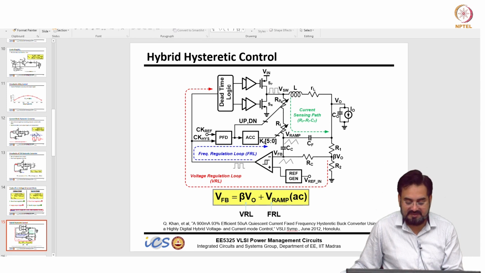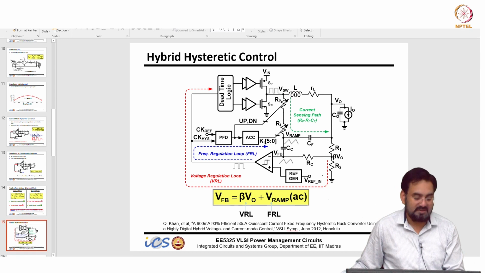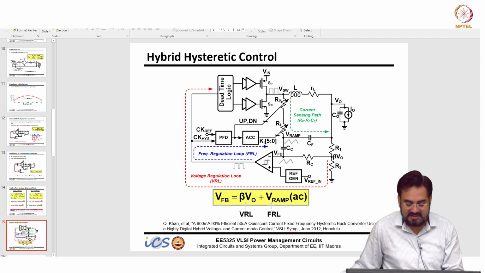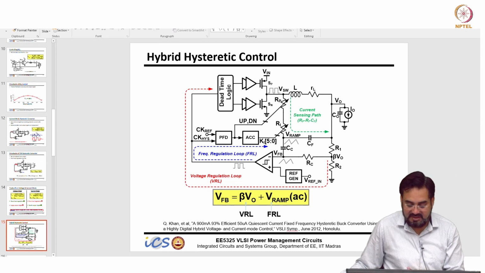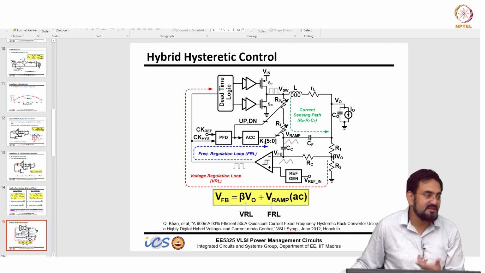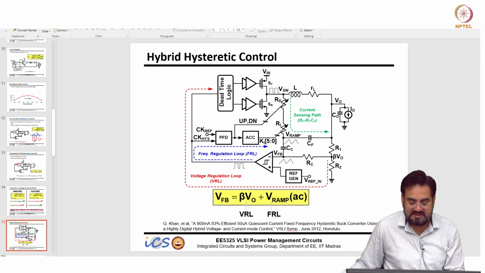So, your VFB will have an AC component, and the DC component of this VFB will be driven by your output, beta times output. This is your voltage regulation, and the AC component, or ripple component, is controlling your frequency, and this component we can change by simply changing the RC time constant. So, this FLL or frequency locking loop is controlling this R.